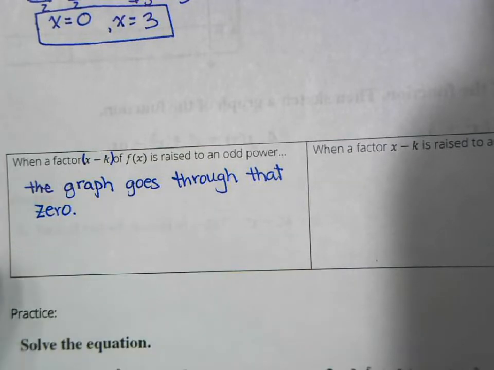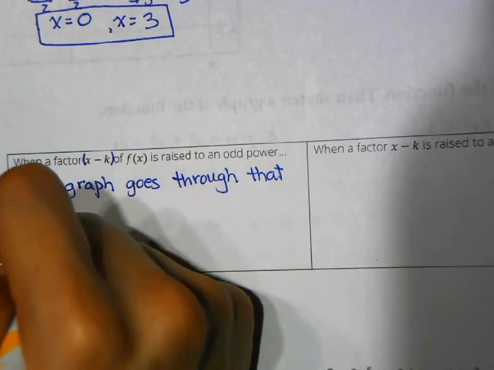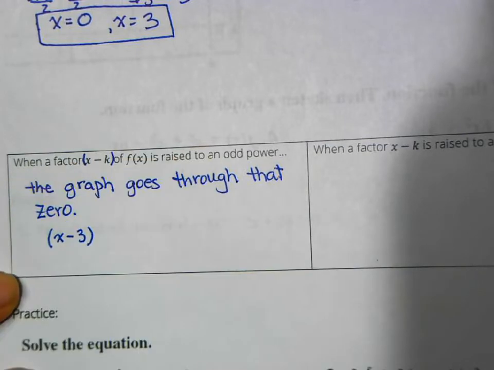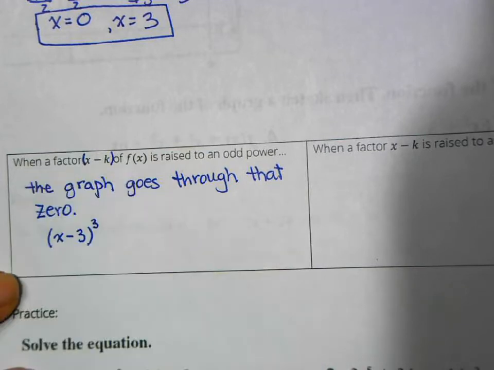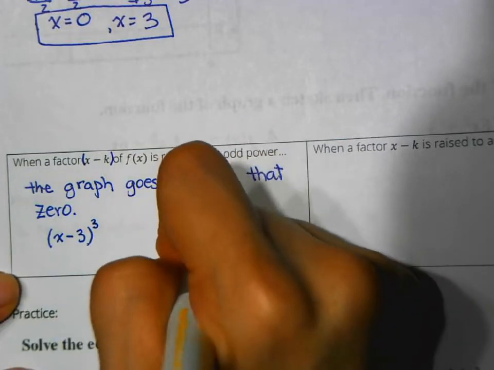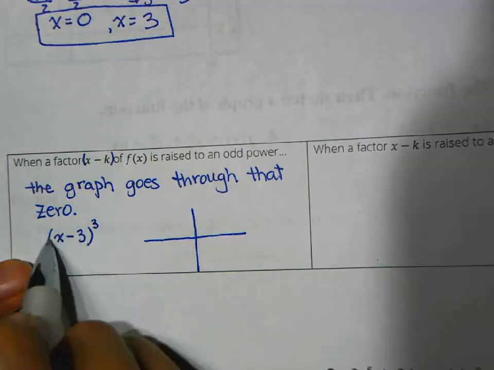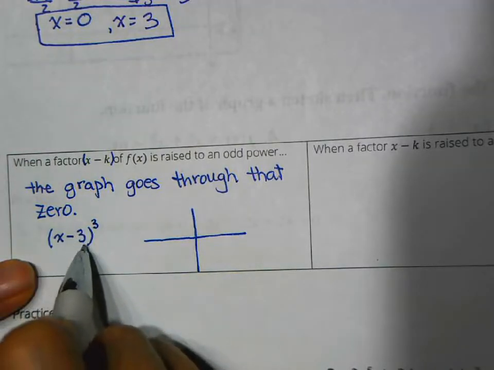What does that mean? This is what it means. If I have x minus 3 raised to the third power, when I'm graphing it, I know that my graph is going to go through this 0 at x equals 3.